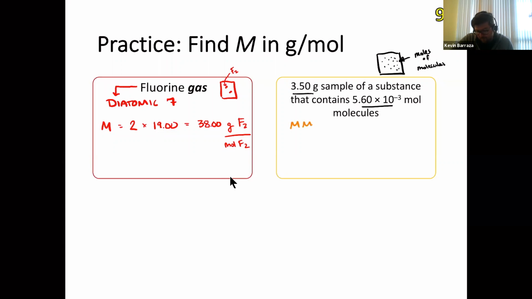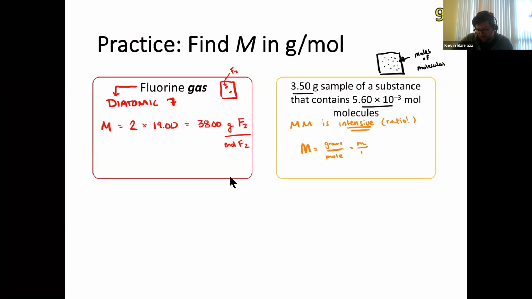Remember, molar mass is an intensive ratio. So the molar mass is grams per mole.